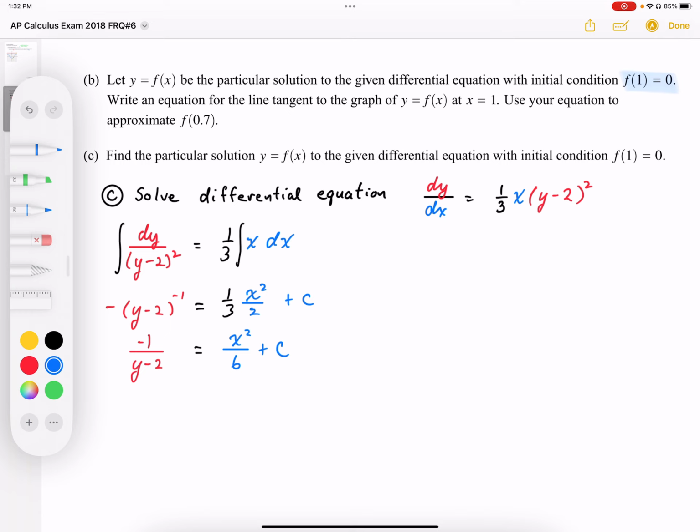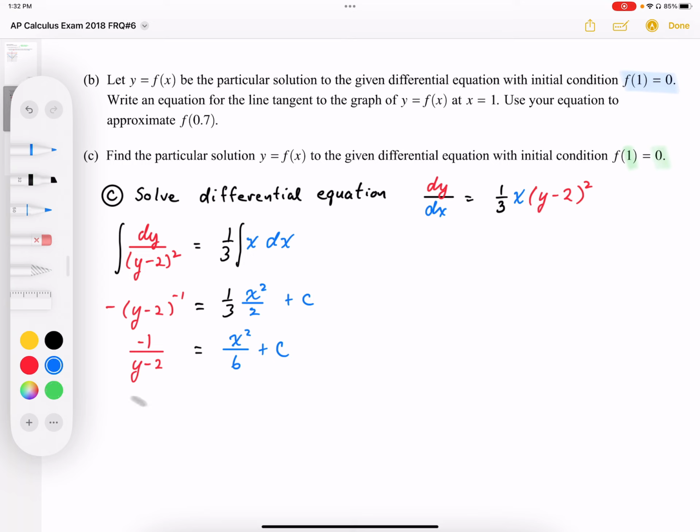Okay, so there's my general solution to the differential equation. I should solve for my y value, but before I do that, I'm going to substitute in my x and y coordinate, x is 1, y is 0, to solve for my plus c. So my equation is going to look like this.